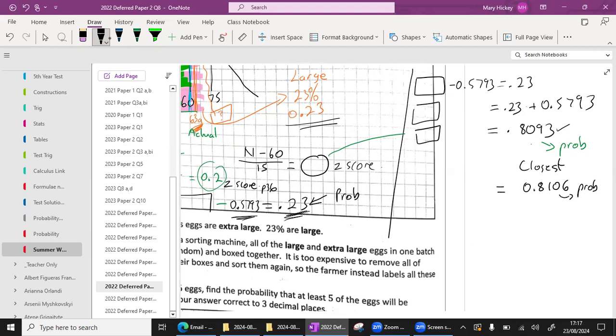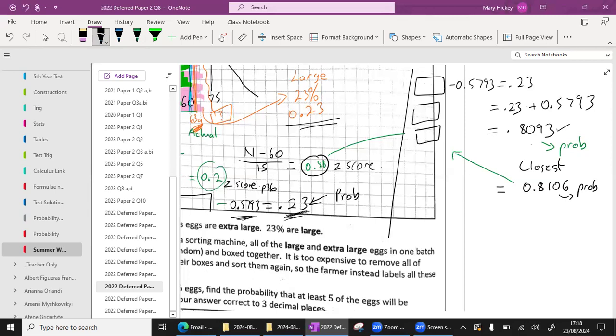So if I look to my table on page 36, I can see 0.88. 0.88 is in fact the one that matches my closest available probability. Now we're on the last step, because now that I have the Z-score, you see, what we're doing here really is we have the weight of the egg, we have the Z-score, and then we have the probability.